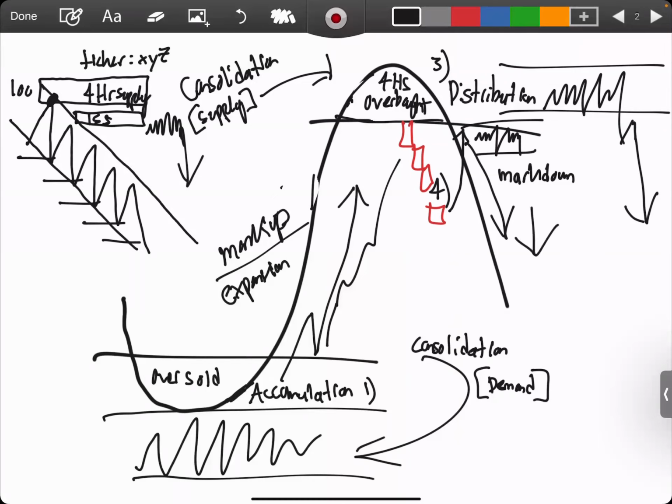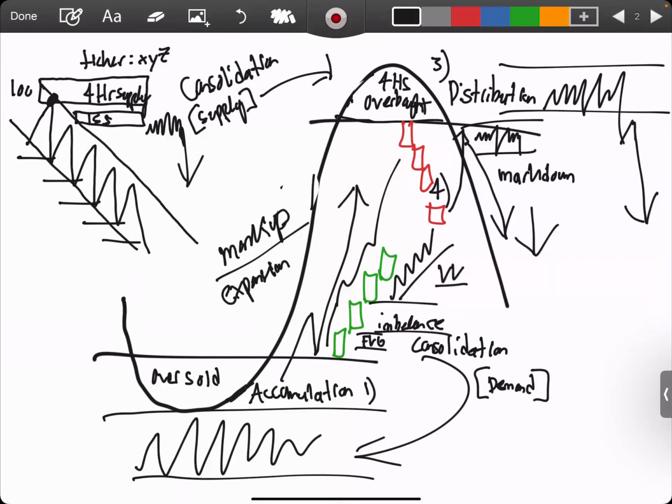Now, why would price continue to go back to the downside? Because whenever we see aggressive movements from accumulation, demand, or aggressive movements from distribution, supply, remember the market is efficient. It's going to leave behind some fair value gap, some type of imbalance, okay? And the institutions need stop losses. They need trend lines.